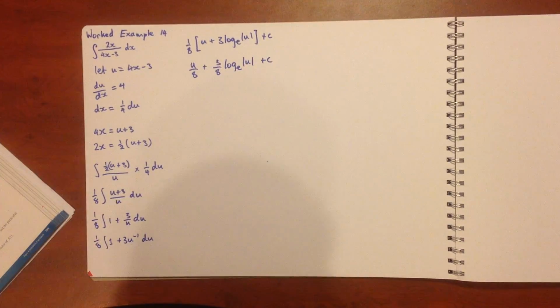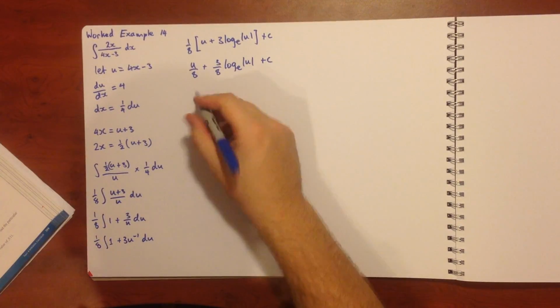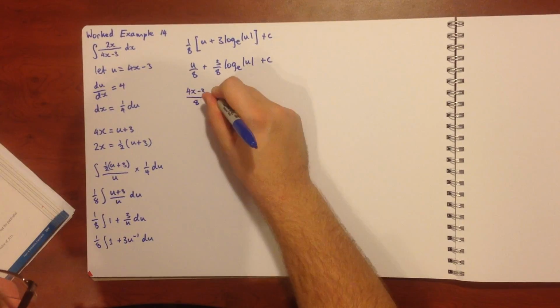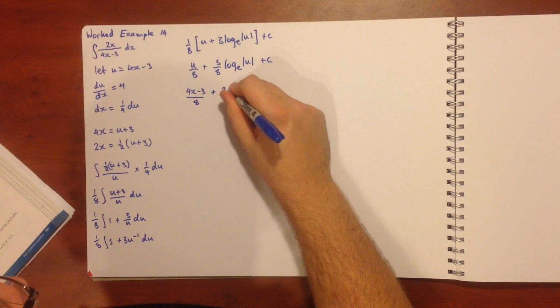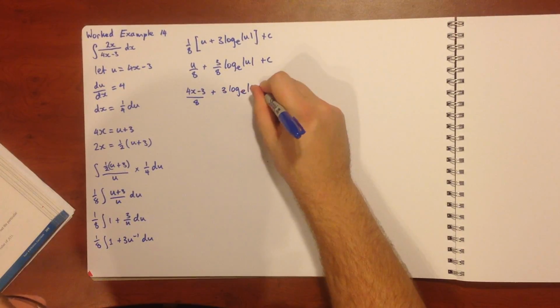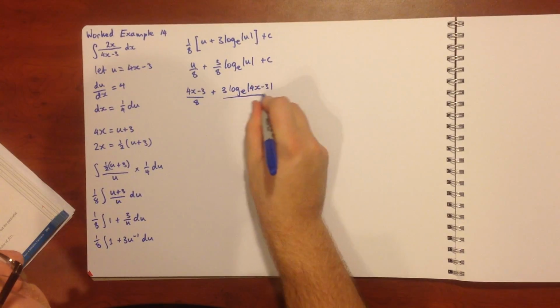Now we can simply sub in our u value and say, well, we've got 4x take 3 on 8 plus 3 log to the base e of the modulus of 4x take 3 on 8 plus c.